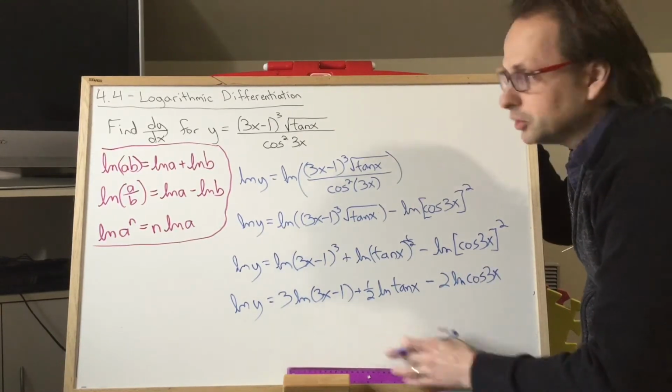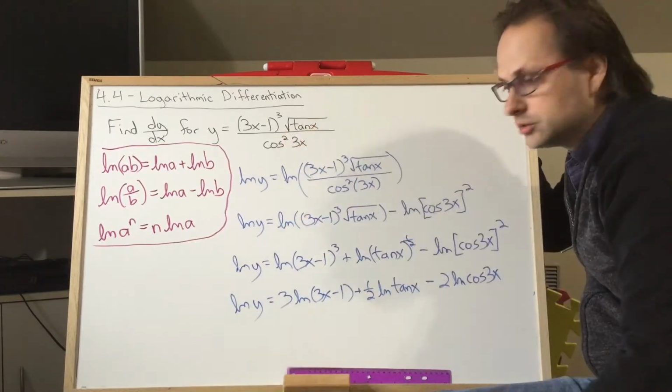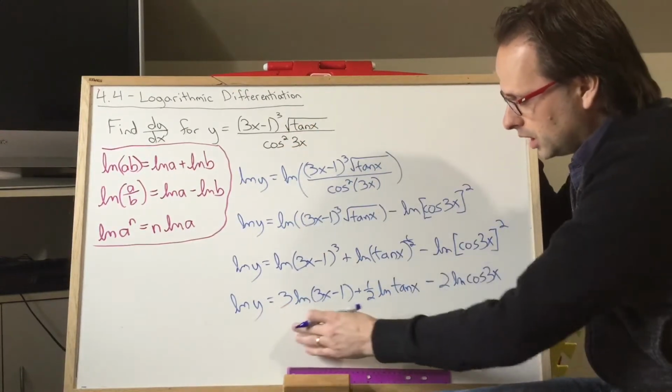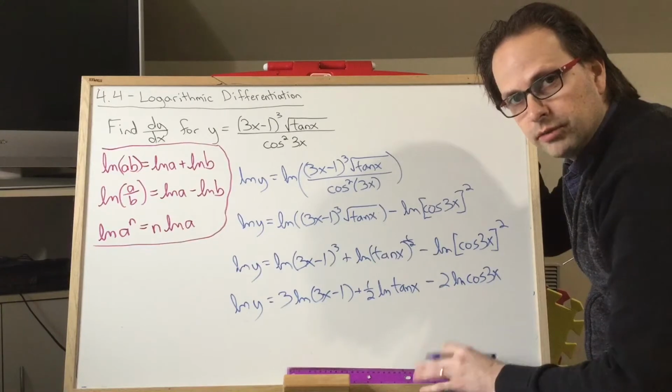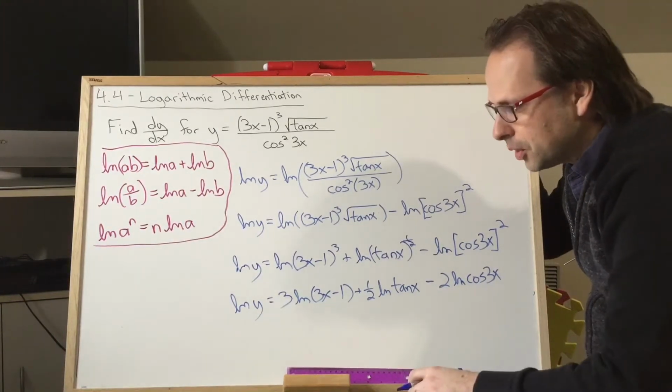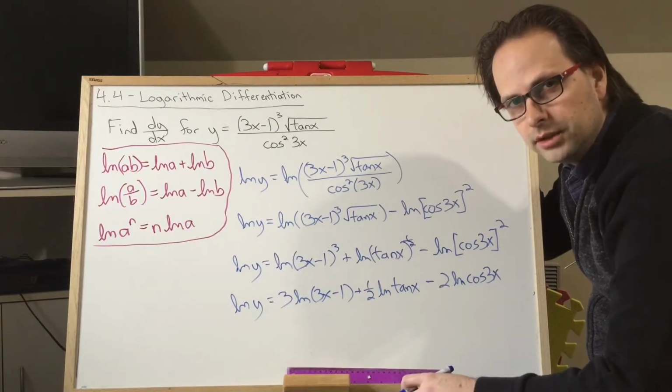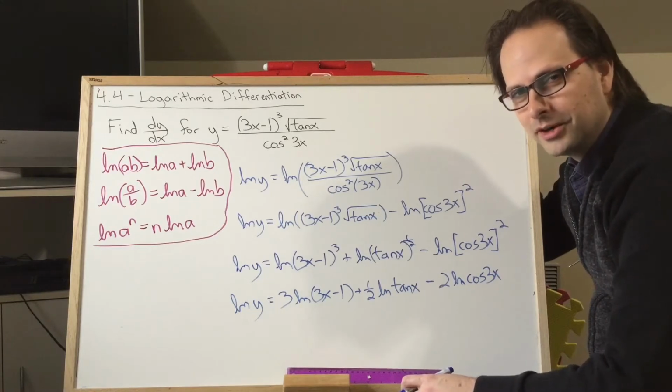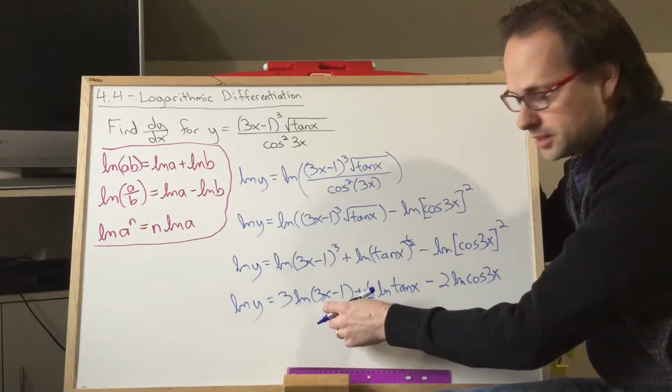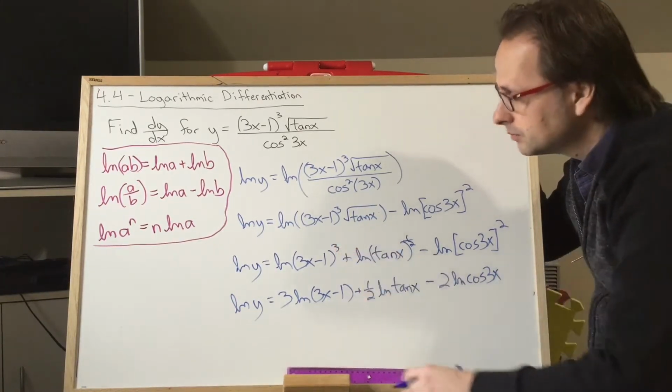That may not look simpler than the original definition over here, but the ln of y is split up into a bunch of different components. And all of those components on their own are really easy to differentiate because we have a song for it: original on the bottom, and then its derivative on the top.